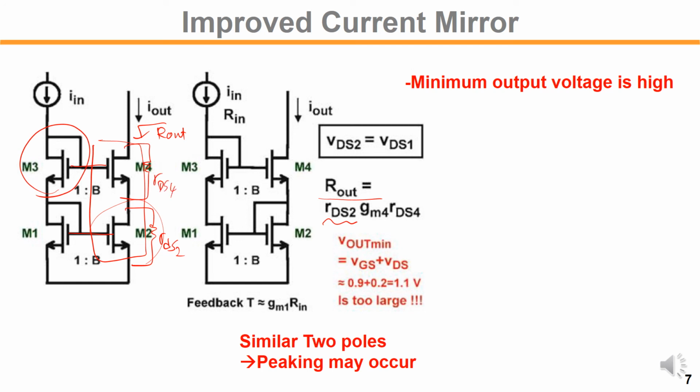So the output is boosted by GM times RDS 4, right? So RDS is boosted by that amount. We can have a similar network with a different diode connection. We have a negative feedback somehow, so it has the same output impedance shown on the right.